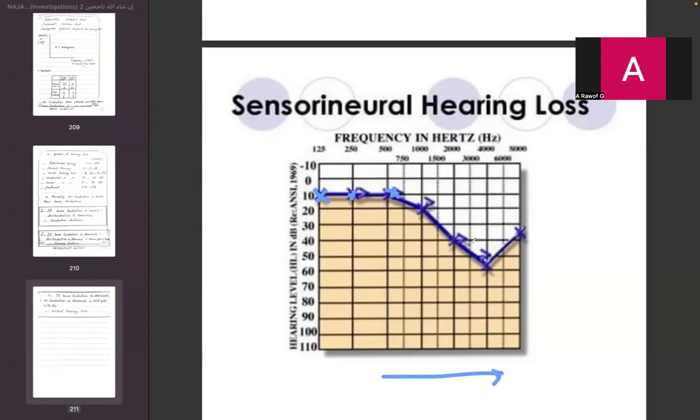And you also see that air conduction and bone conduction are almost the same. So this is sensory neural hearing loss. As the frequency of sound increases, it demonstrates sensory neural hearing loss in this ear.